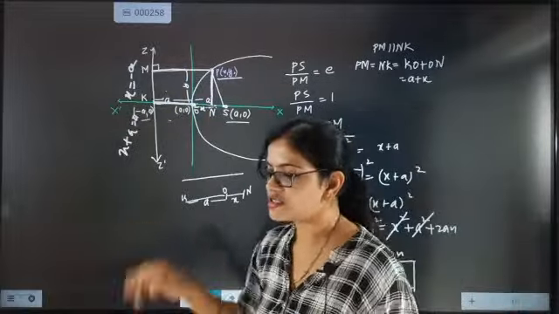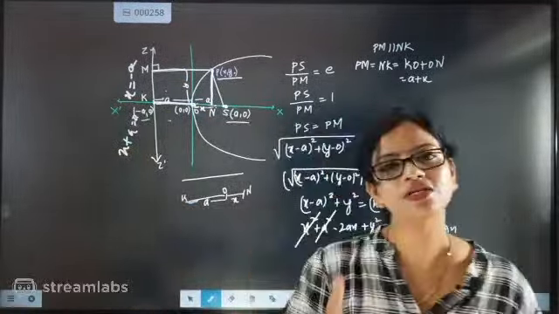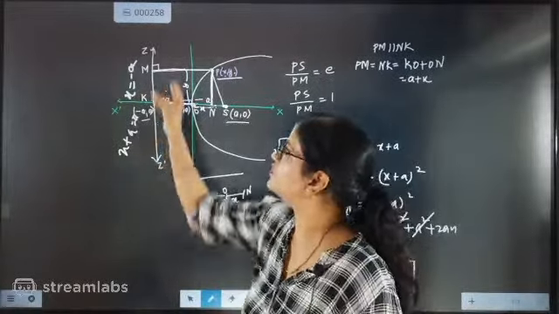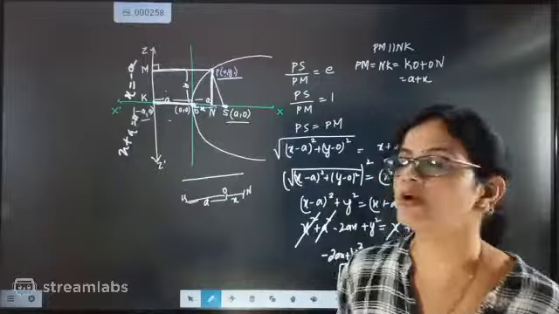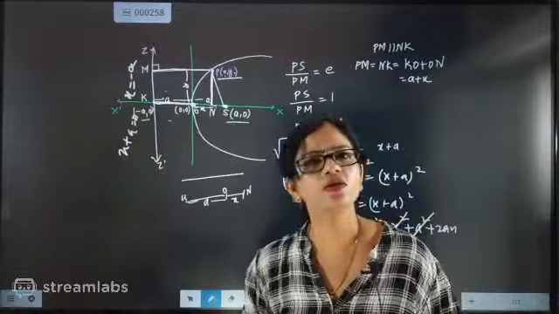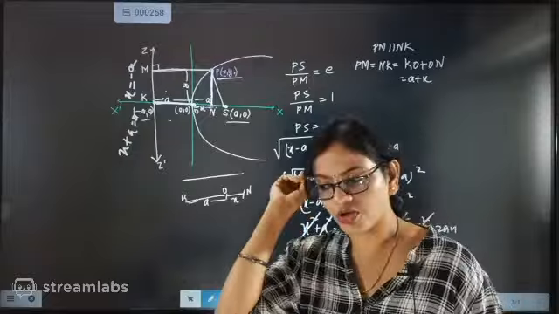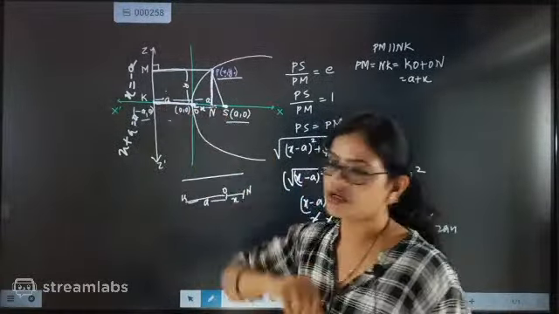So the equation is coming as x equal to minus a. So x plus a equal to 0 will become the equation of the directrix. Since it is the equation of the directrix, we just have to use the perpendicular distance formula. Either you can use that perpendicular distance formula, or you can use this point.